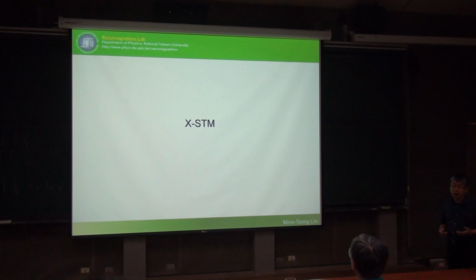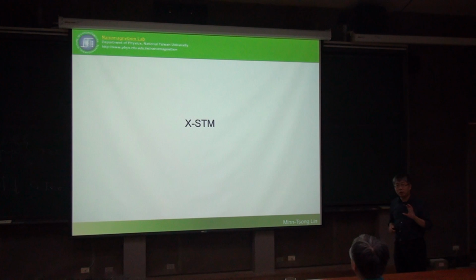He developed a kind of cross-sectional STM. The X means cross-section, because it is very difficult to perform STM on such material. Such material usually will be prepared ex situ, so you have outside contamination, and usually the surface is very dirty.